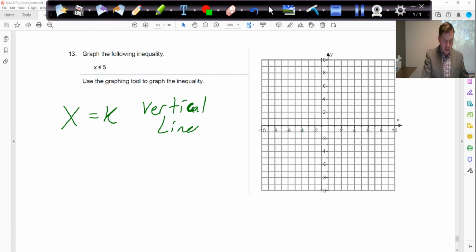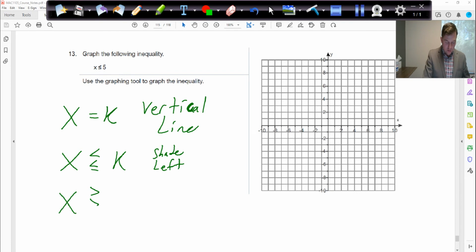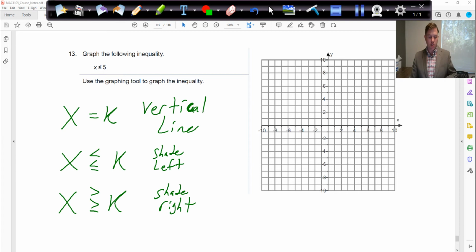So if I have x less than or less than equal to some number k, that's a vertical line, and you're going to shade to the left because you want x values that are smaller than that. You can also have x bigger or bigger equal to some number k, and that's going to be shading to the right. So you want x values that are bigger than the number.